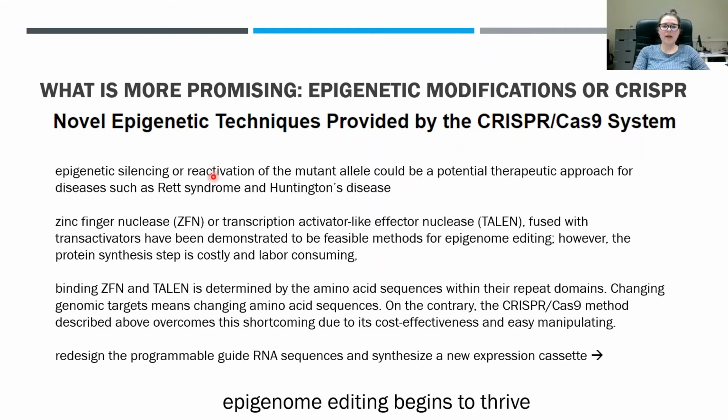So, for example, another nuclease, not the Cas9 system but another gene editing tool, the transcription activator-like effector nuclease, when fused with transactivators, is a very feasible method for epigenome editing. However, these two nucleases are hard to synthesize, and therefore labor consuming and costly.